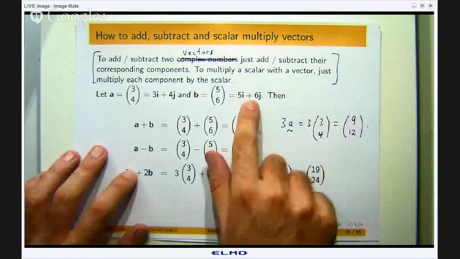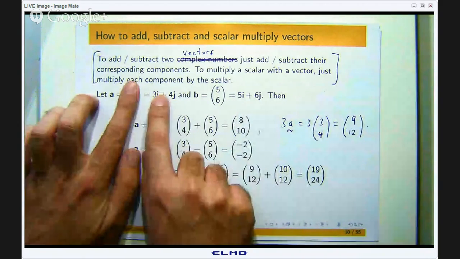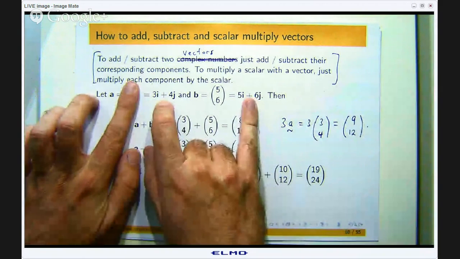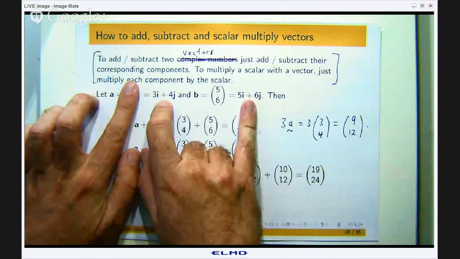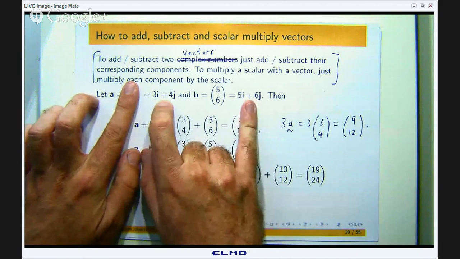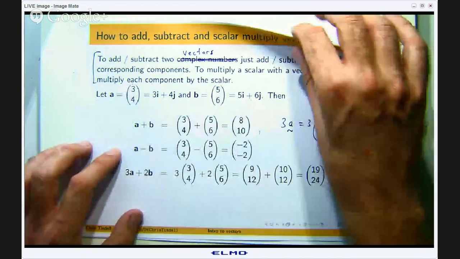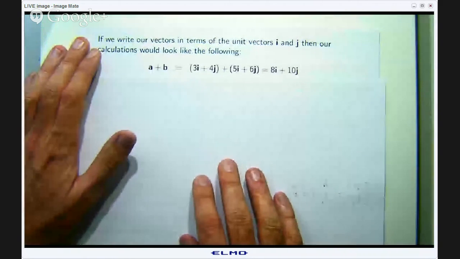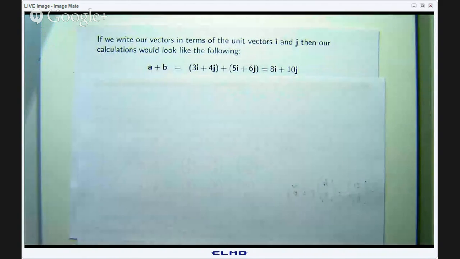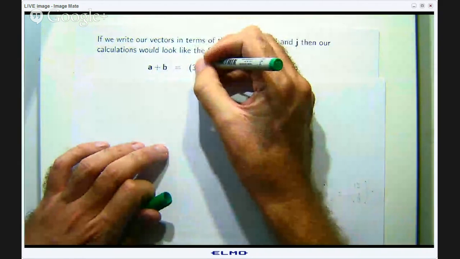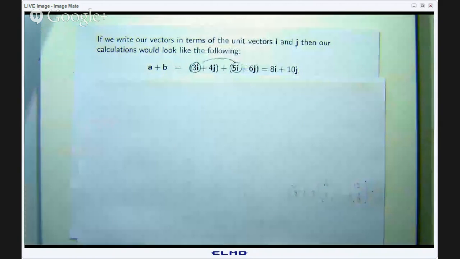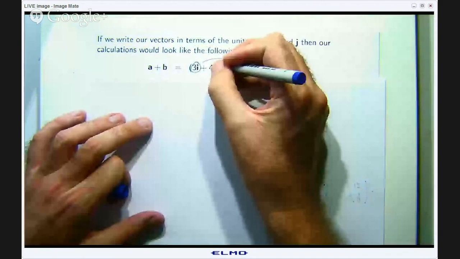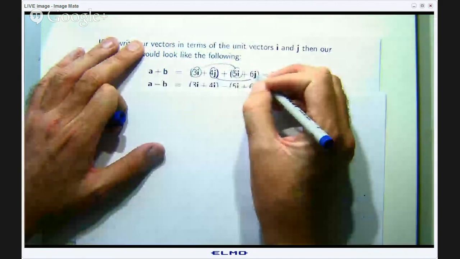Now, you might be thinking, what happens if the vectors are expressed in terms of i's and j's? Can I do something there? And the answer is yes. Let me show you how I've done that with the unit vectors i and j. You again just add the corresponding i's together and the corresponding j's together.